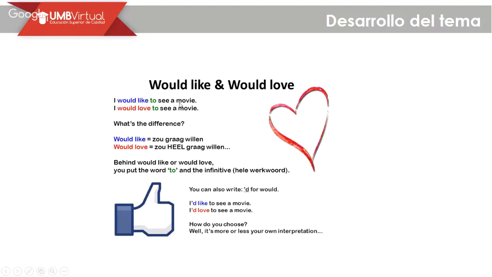So, I would like to see a movie. I would love to dance. I would love to travel around the world. I would love to listen to gospel music. I would like to have a drink. I would like to do the task. I would like to go to the theater. Yes. But always we have to use these two and later the verb in the base form.